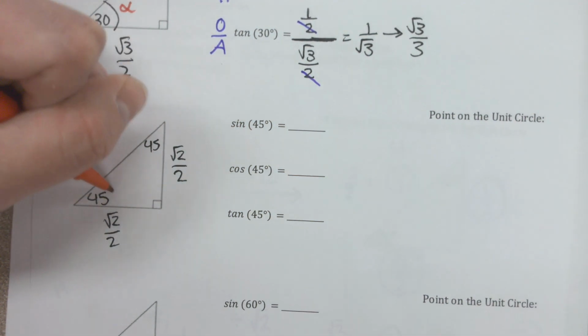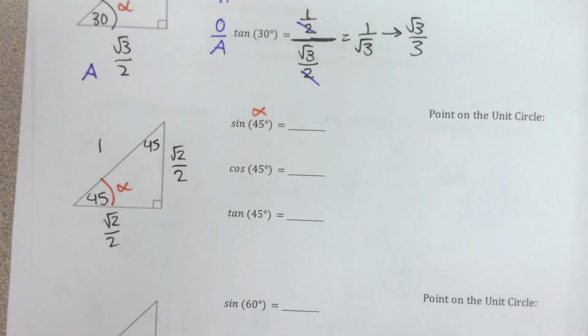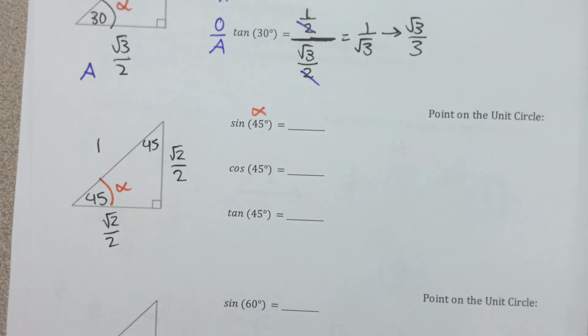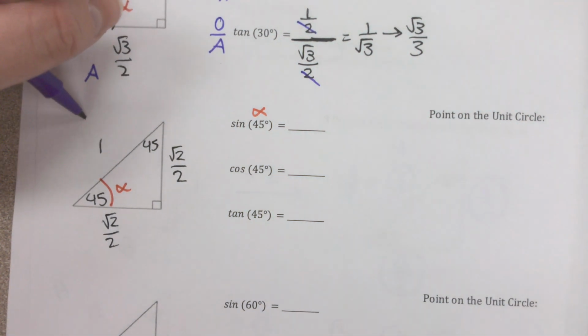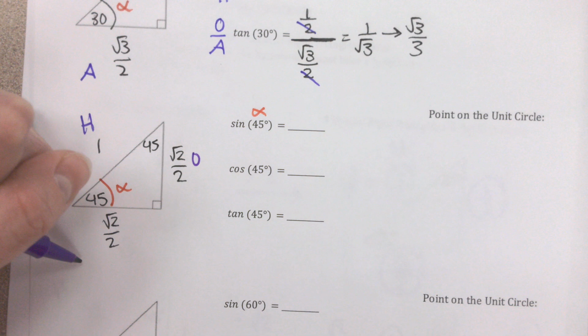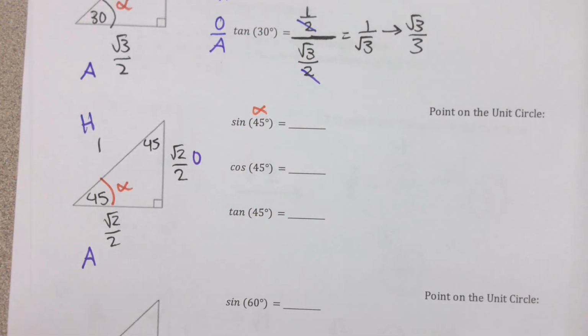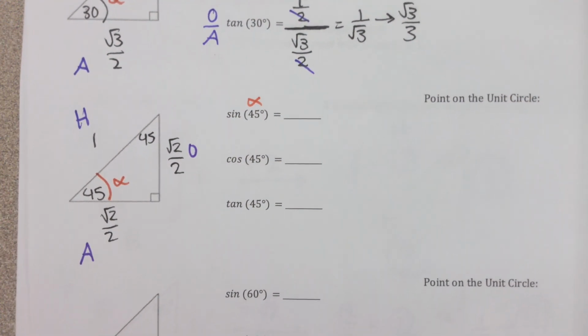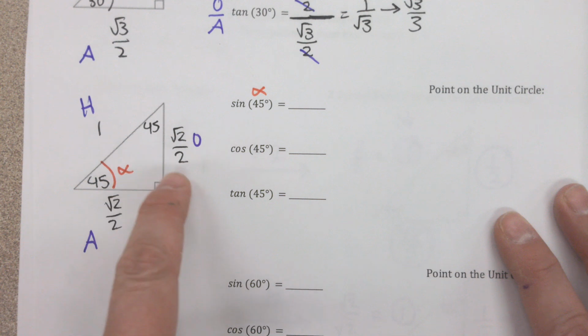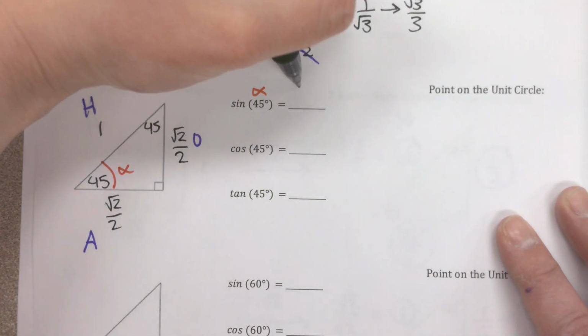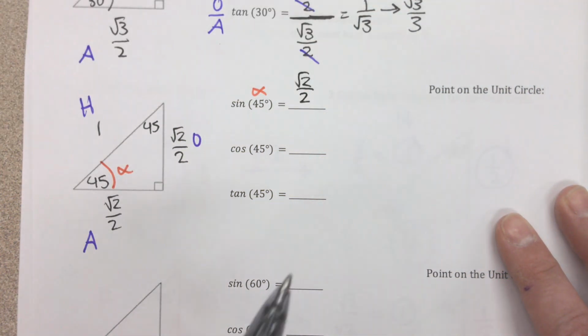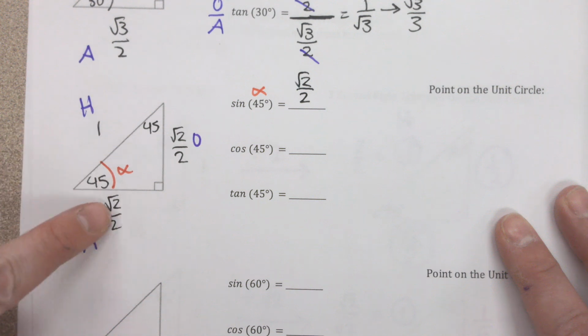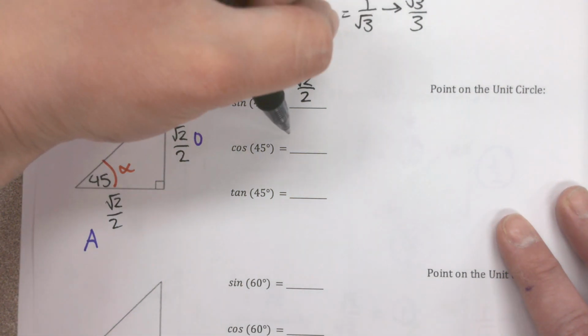Once again, our alpha here is 45. H, O, and A are in the same spot. Sine, O over H, rad 2 over 2 over 1. So just rad 2 over 2. Cosine, A over H, rad 2 over 2 over 1, which is just rad 2 over 2.